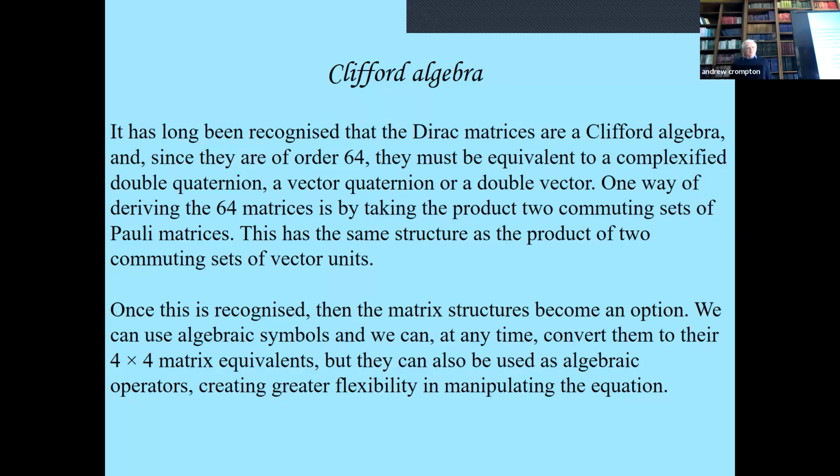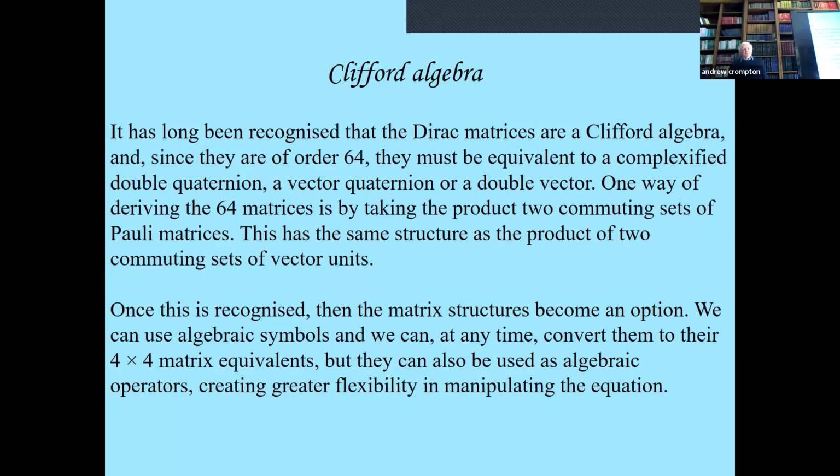But one thing about the double vector is it suggests that if this is a very fundamental equation, this is very fundamental mathematics, it's like having two spaces, two full vectors. One of the ways you can derive them is by using two sets of Pauli matrices, which I said are isomorphic to vectors.